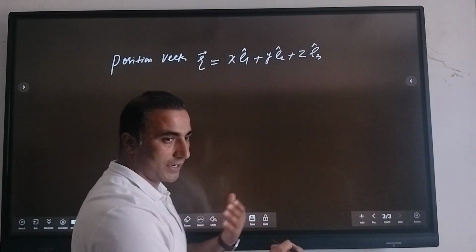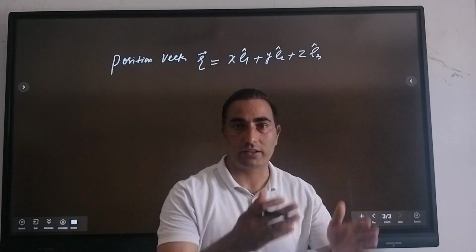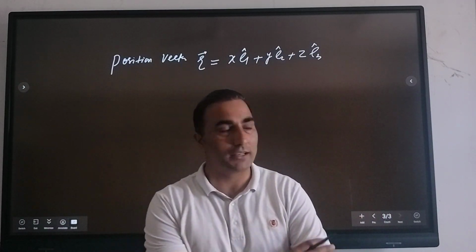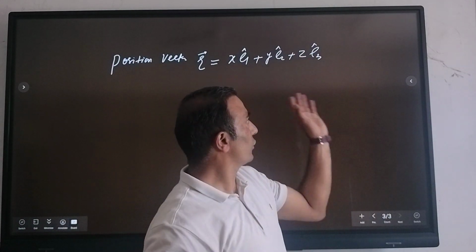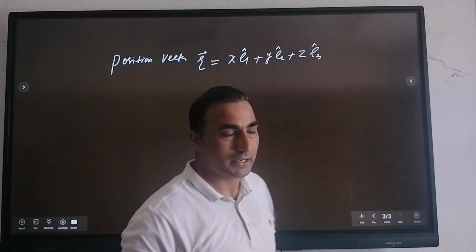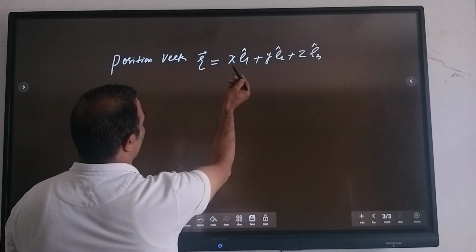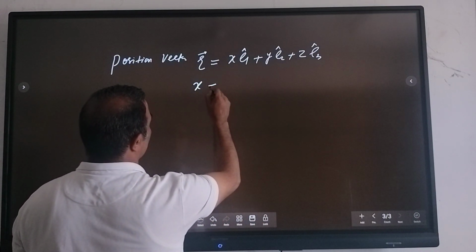Similarly, if we have any vector in some three-dimensional space, we can write it as a superposition or linear combination of these unit vectors, plus those components along x, y, and z, right? So that means if I write now, I will choose, suppose our x is our x1.